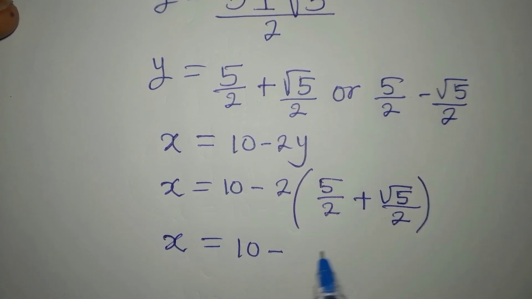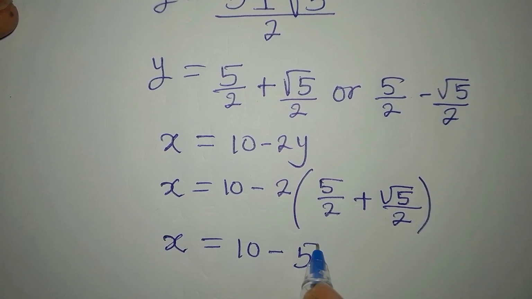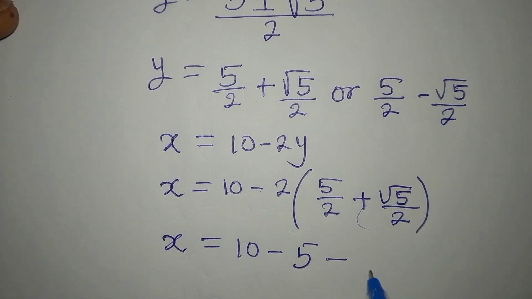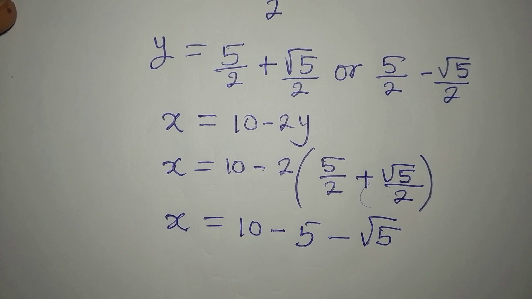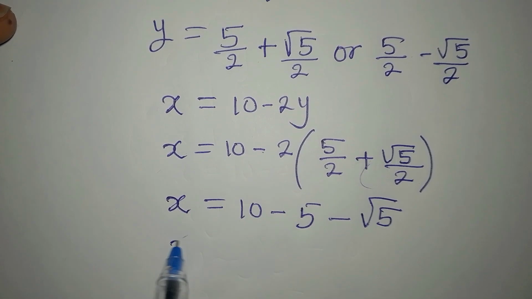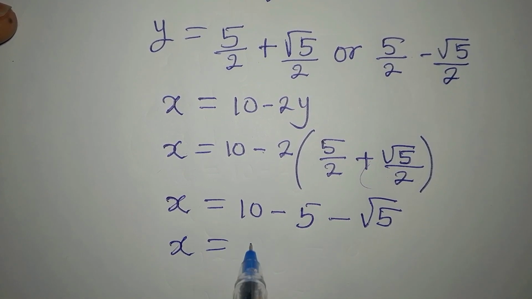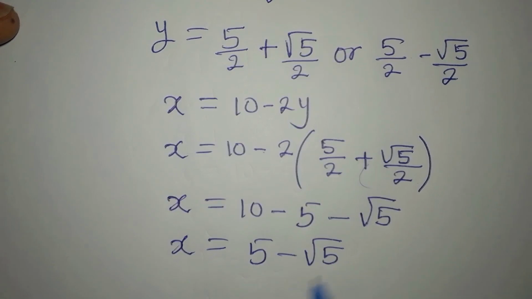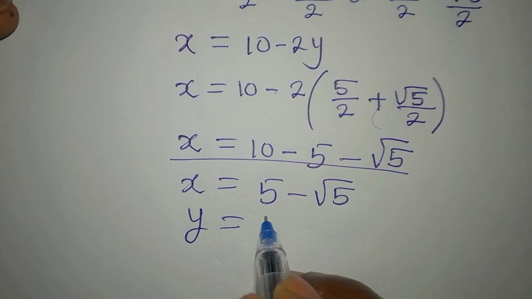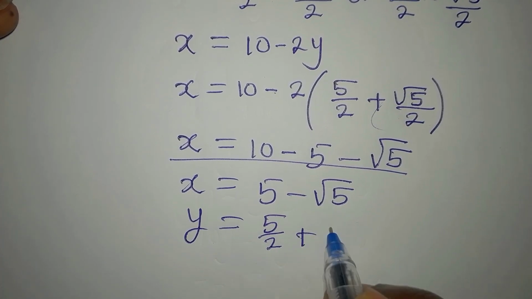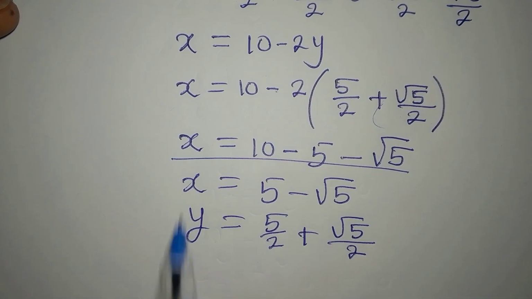Multiplying this, we're going to have just 5. Okay, but this negative will follow it down. Then this negative will still follow it down, because negative times positive is negative. Then 2 multiplying the whole of this will have just root 5, right? Okay, so to proceed now, we have our x to be 10 minus 5, that is 5. Then we have minus root 5. So when x is this value, y is 5 over 2 plus root 5 over 2.